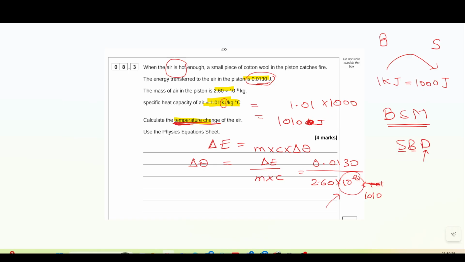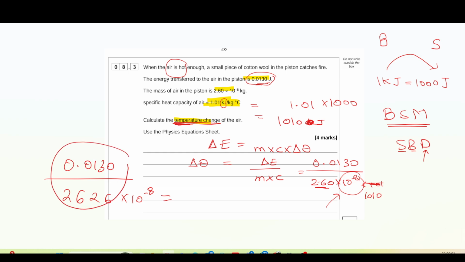Even if you use this, the question is 2.60: if you multiply it by 1010, 2.60 times 1010 gives you 2626. I'm ignoring the 10 raised to power -8 because we can do it later. And in the numerator we have 0.0130.